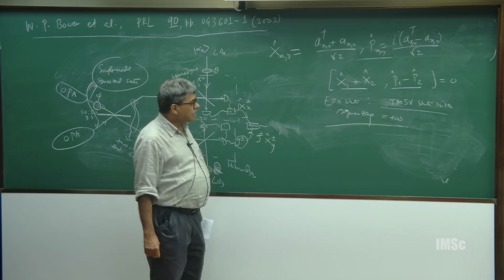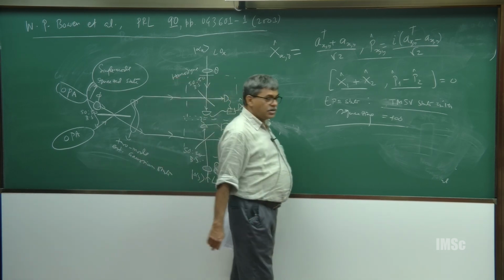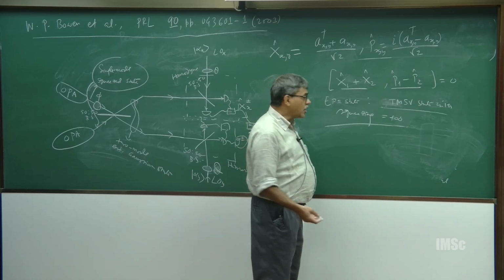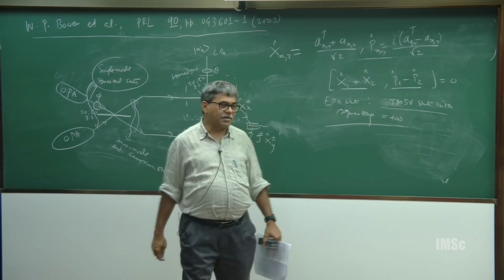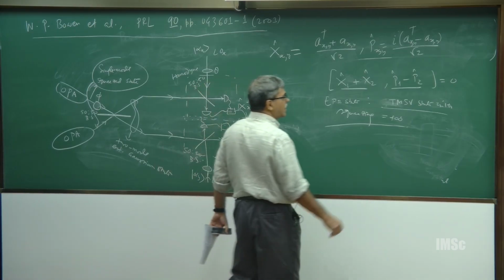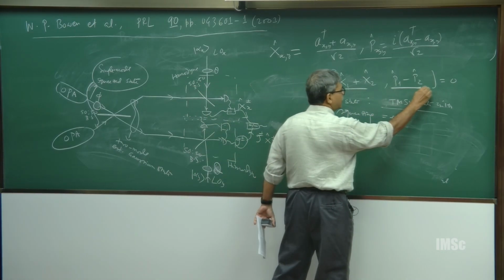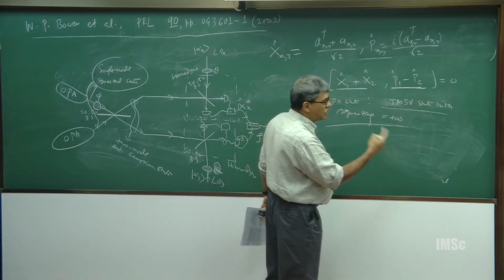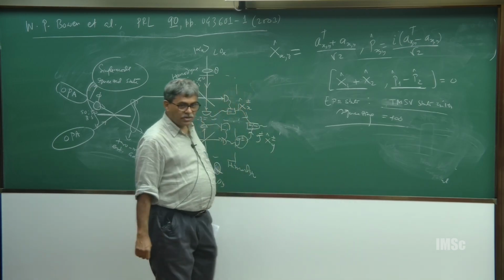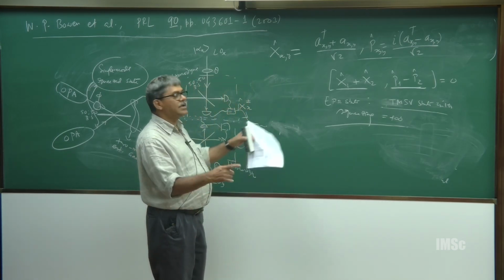Because this is unphysical, it is not good to talk about such an EPR state. So what one can think about is some modification of these operators, and thereby modification of the corresponding common eigenstate, so that it can capture other correlations also.